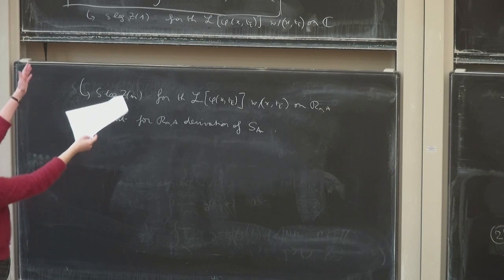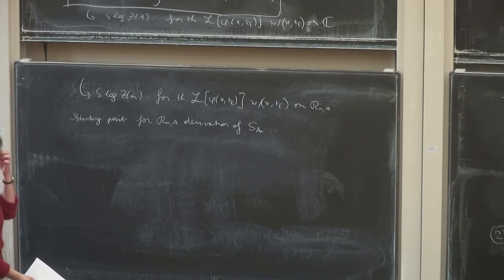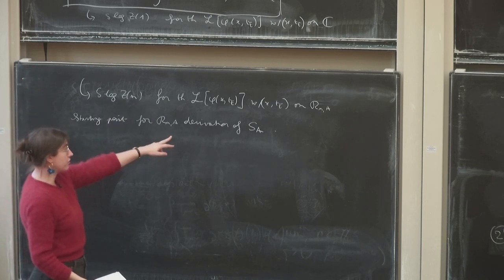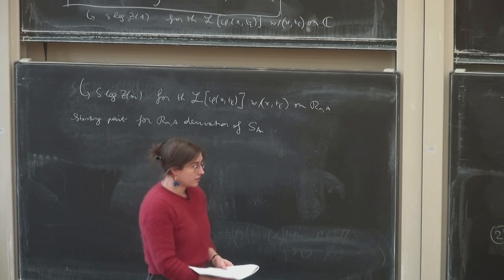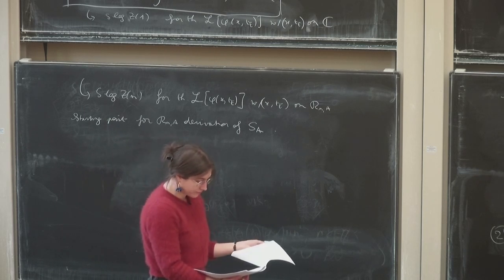Okay, so this boxed statement is the starting point for the replica manifold derivation of the entanglement entropy.